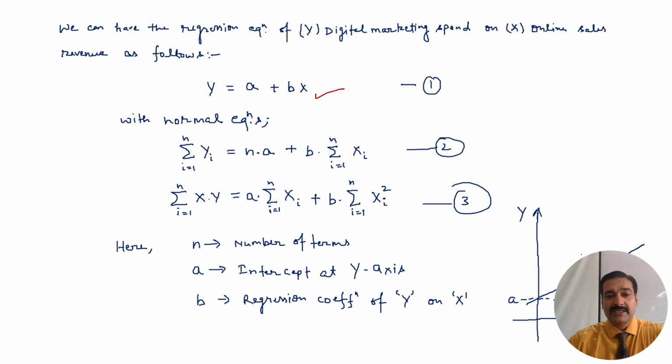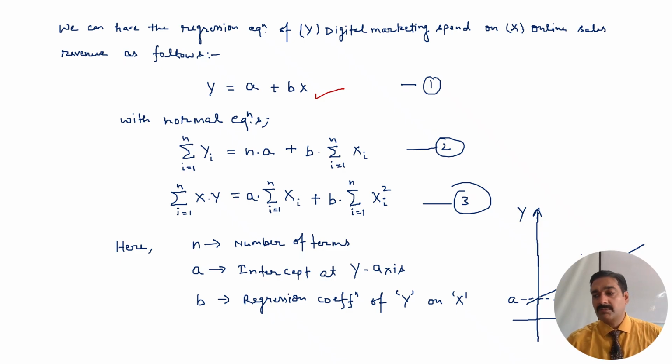Now, by making use of the given values of x and y, we will try to find the values of a and b and put them in this equation. After that, we will say that we have found the regression equation of y on x. To find the values of a and b, we have normal equations. In the least square method, to fit a regression model, we always take help of normal equations.